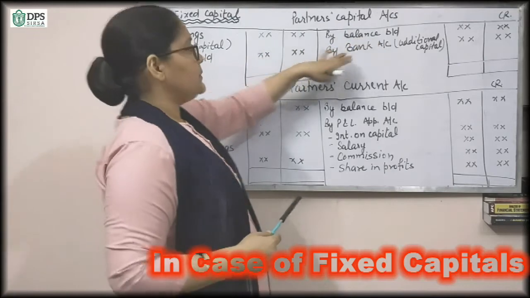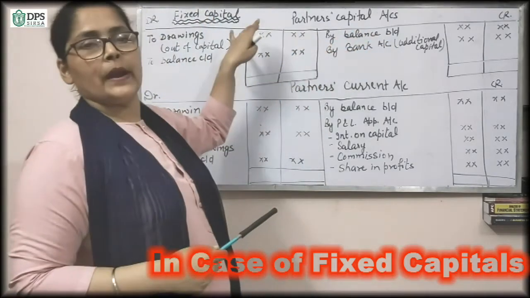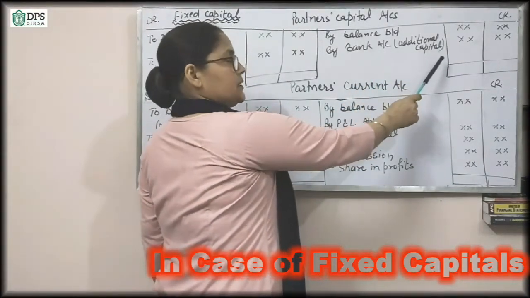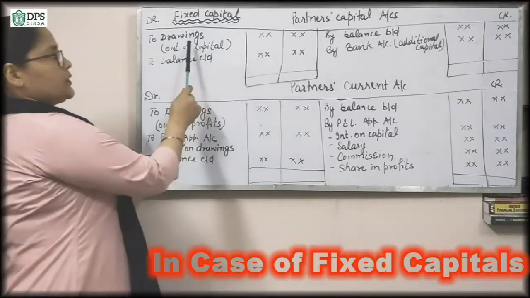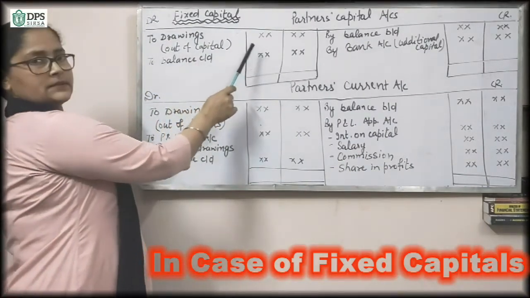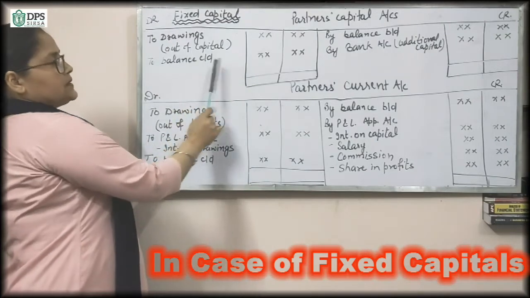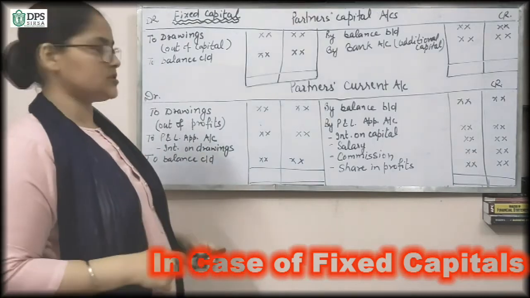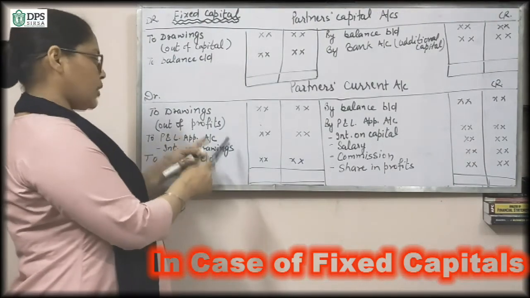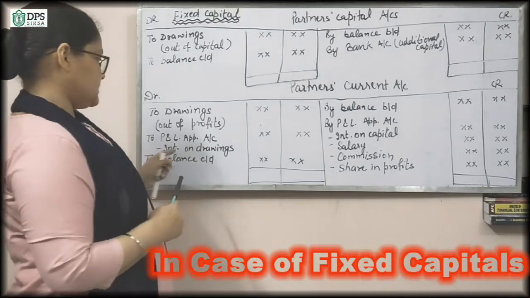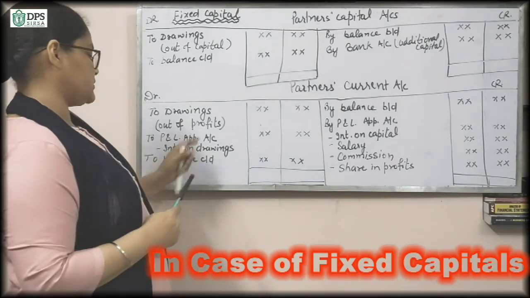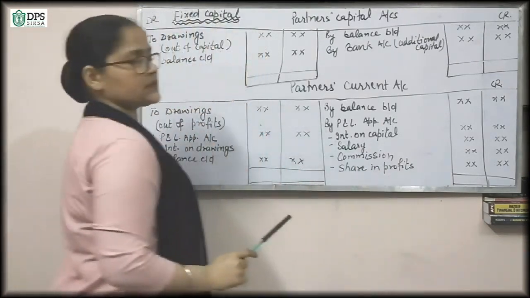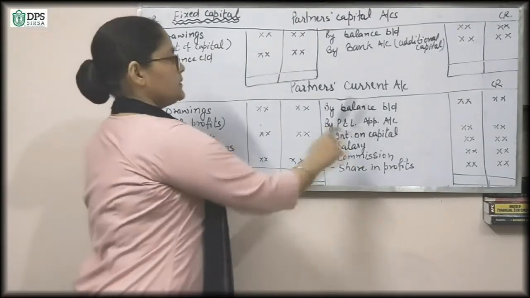Here we describe things related to the fixed capital: additional capital, and drawings if out of capital, and the balancing figure is here. All the remaining entries related to appropriation, drawings out of profit, interest on drawings, interest on capital, salary, commission and share of profits of partners will come in the current account.